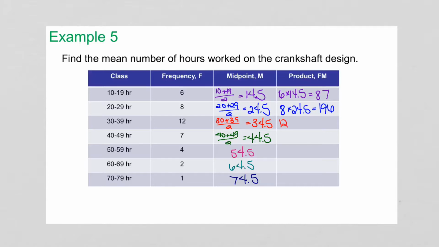For the third, 12 times 34.5, we have 414. And for the fourth, 7 times 44.5 is 311.5. And then 4 times 54.5 is 218. 2 times 64.5 is 129. And 1 times 74.5 is just 74.5.